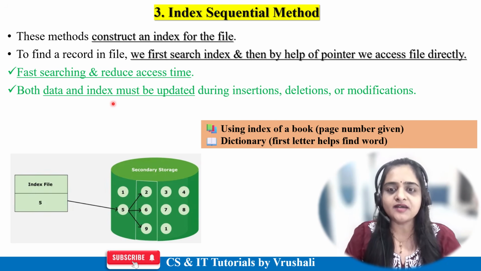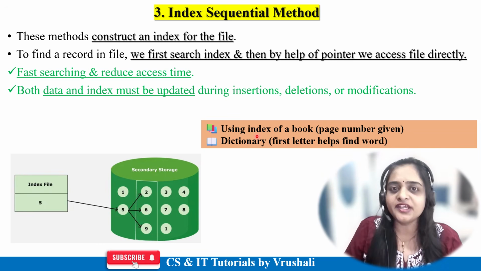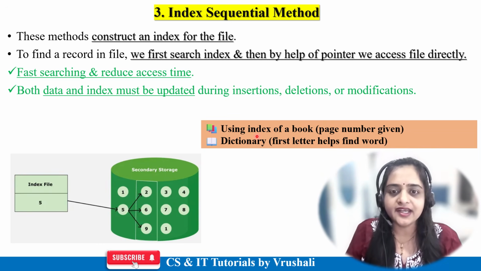And the real life examples: you are reading a book and searching for a particular point by using the index, right? If the particular point is present on page number 40, you can directly move to page number 40 according to the index.